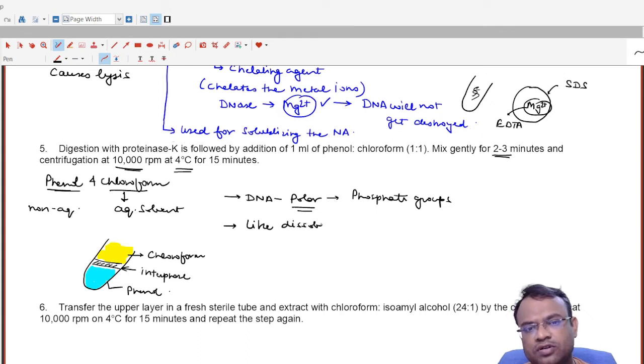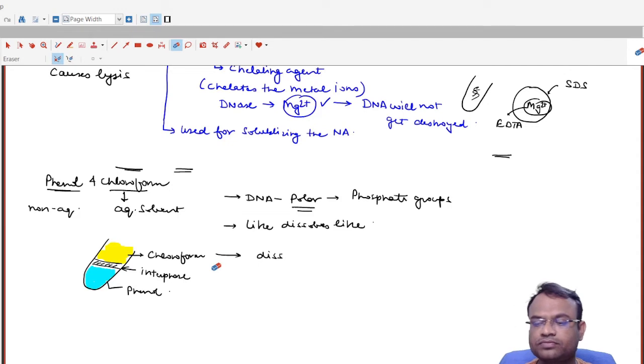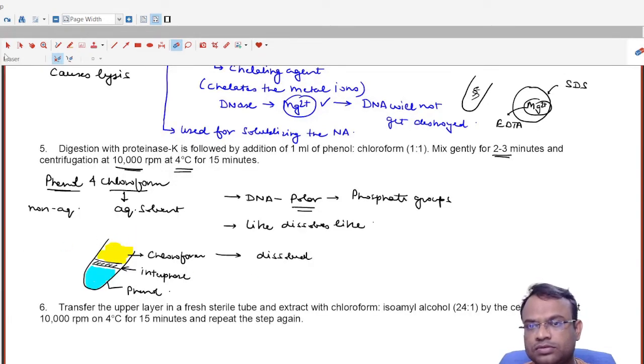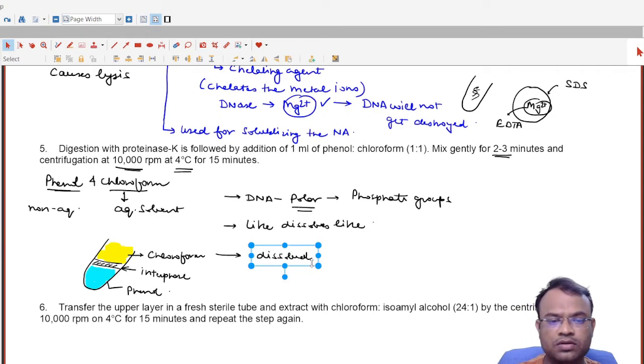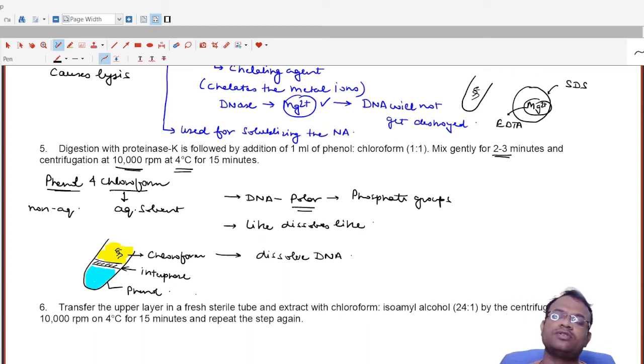That means the aqueous solution, the chloroform, because it is an aqueous solvent, will dissolve DNA. So DNA would ultimately come over here in this particular layer, the upper layer, or the aqueous solution of chloroform.